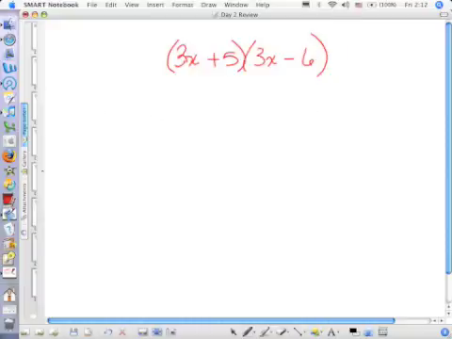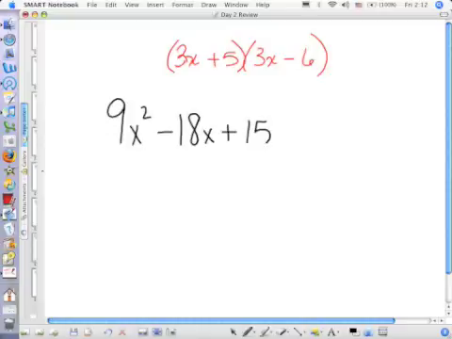What needs to be done here? FOIL. First, outer, inner, last. First term times first term gives you? 9x squared. You're multiplying first, outer, inner, and last. Outer two terms multiply together to give you? Negative 18x, because it's 3x times negative 6. The inner terms are positive 5 times 3x, which is positive 15x.